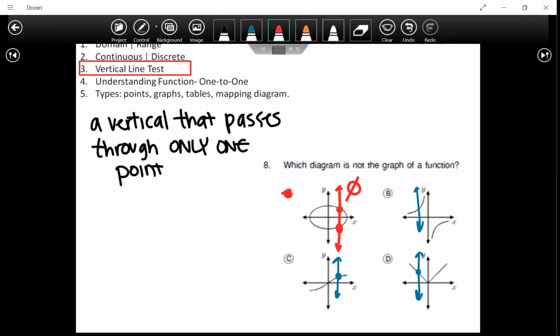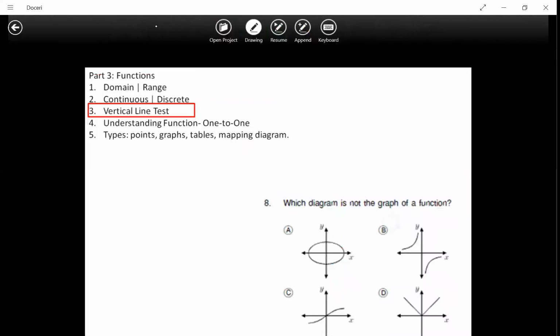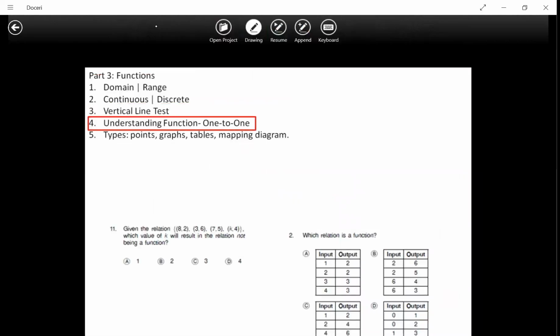Four and five go hand in hand together, meaning that they're mostly going to be the same questions that are going to be asked, where you got to be able to tell me, is it a function, meaning one input to one output, for a mapping diagram, a graph, an input to output table, some mapping kind of idea. I think this portion makes up maybe 8 or 9 questions alone, which is 4 and 5. So that's why I put these 2 on here.